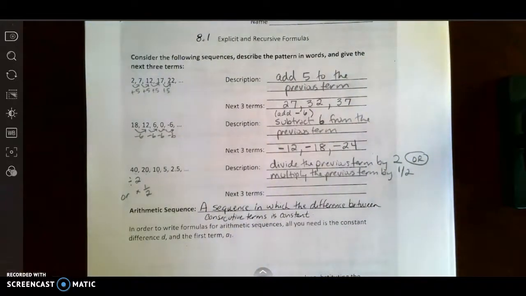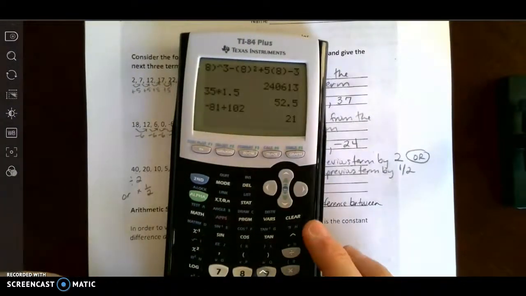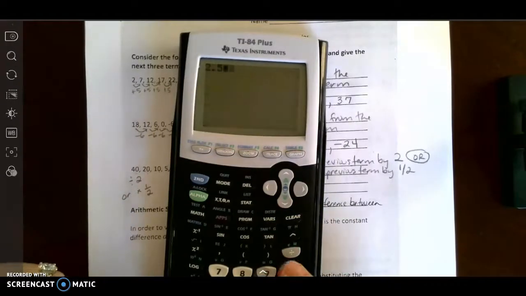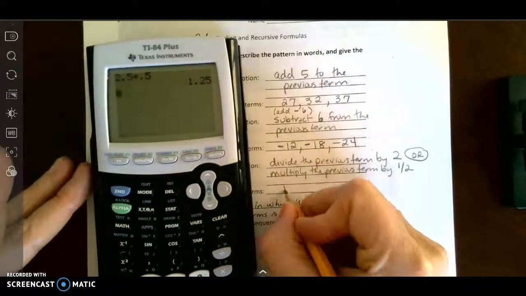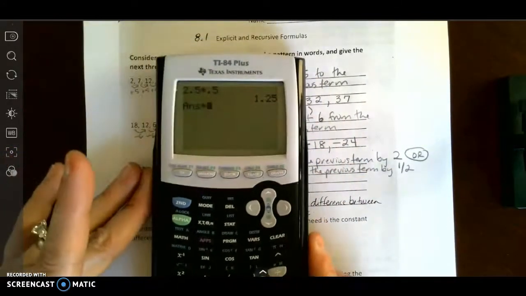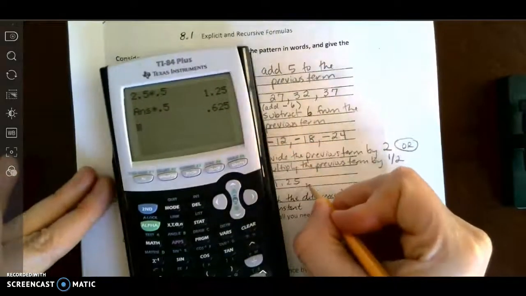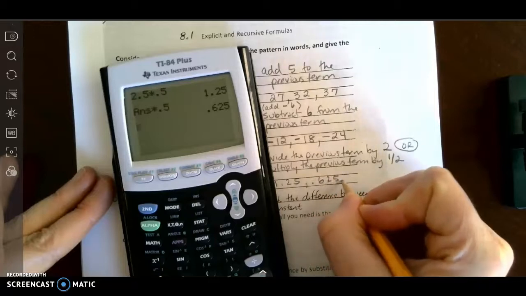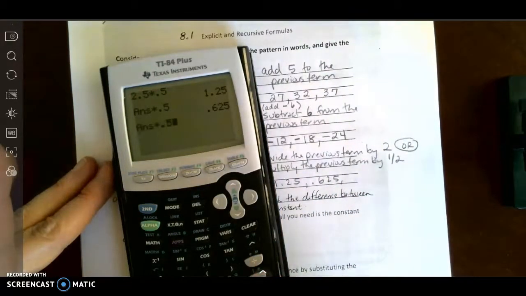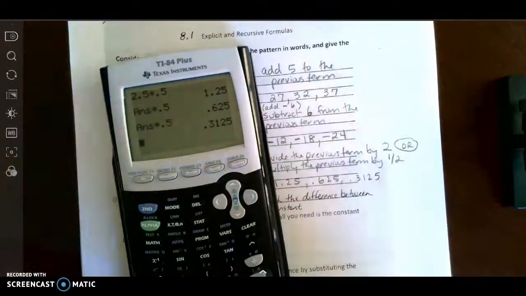So when I take 2.5 and I multiply it by a half, I can use a calculator if I want to for this one. 2.5 times a half is 1.25. Multiply that by 0.5, and I get 0.625. Multiply that by a half, and I get 0.3125.